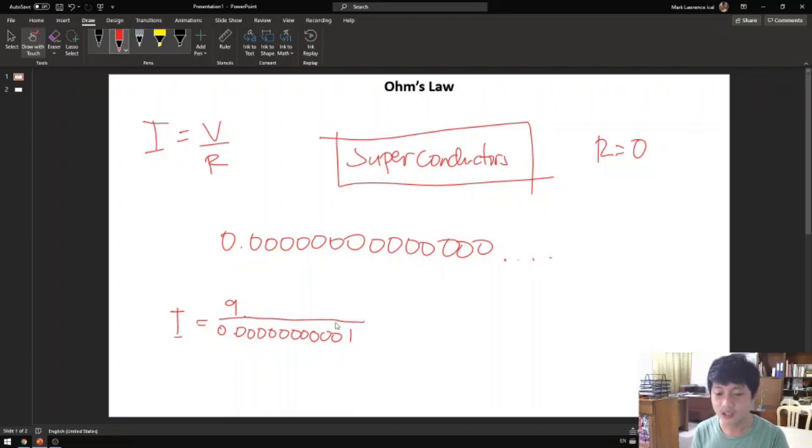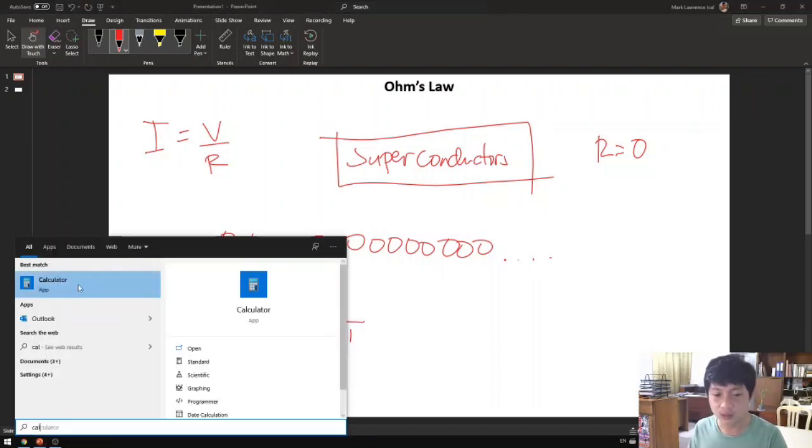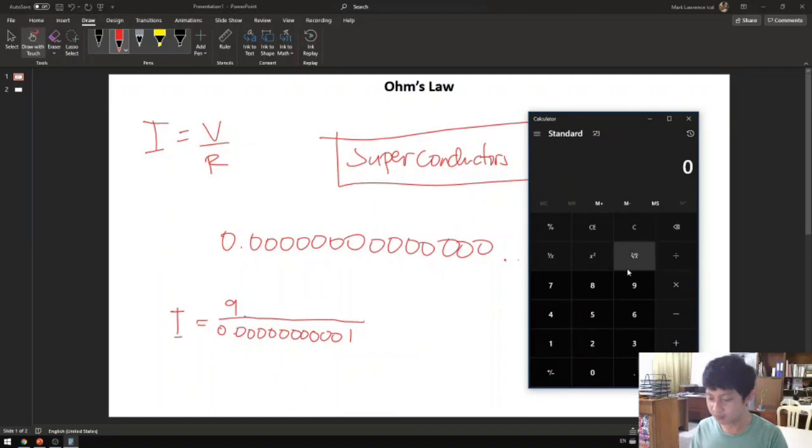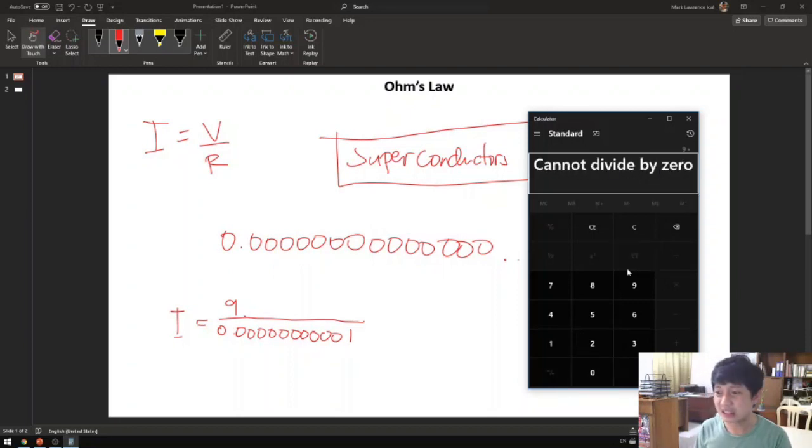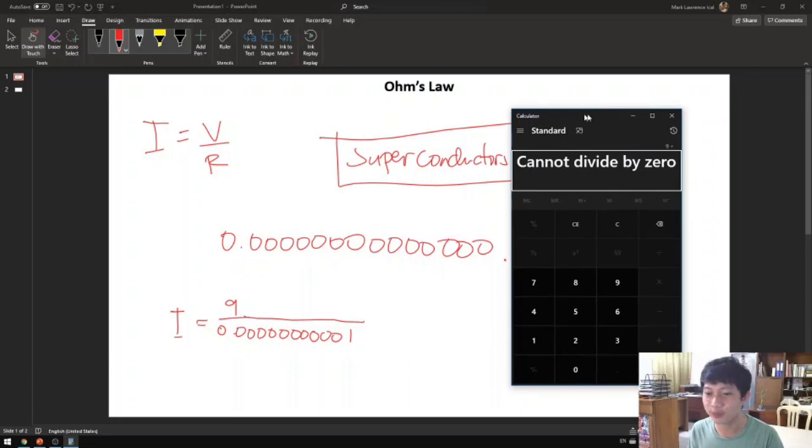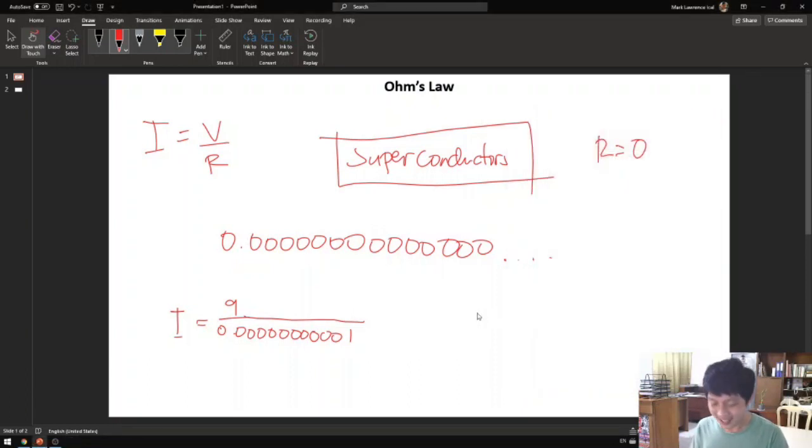What will happen if we do that? Basically, you have 9 divided by that tiny number. It cannot be divided by 0, but if we talk about this one, the current will basically be very, very huge.